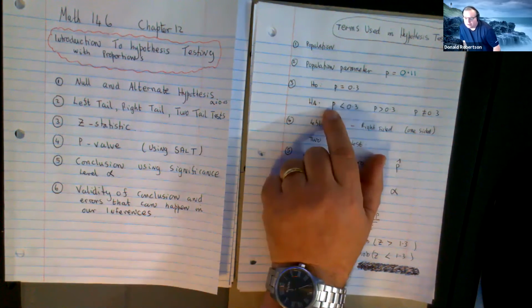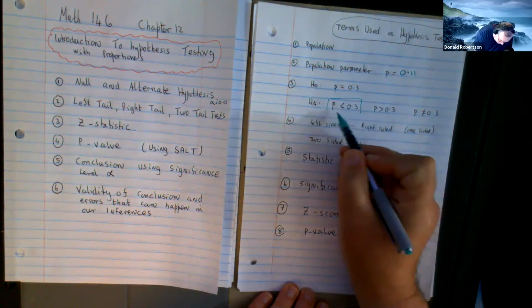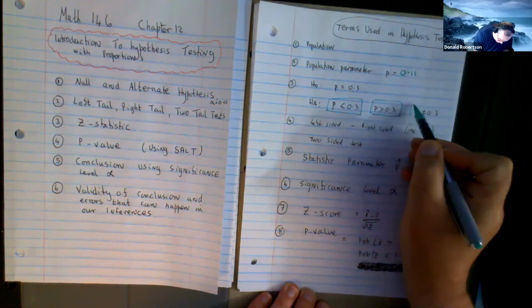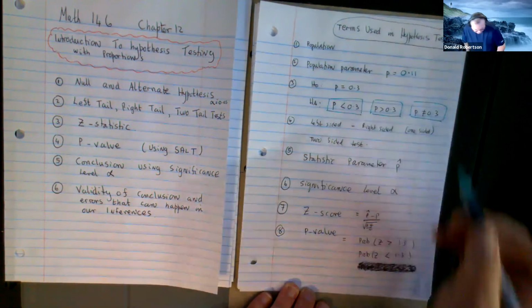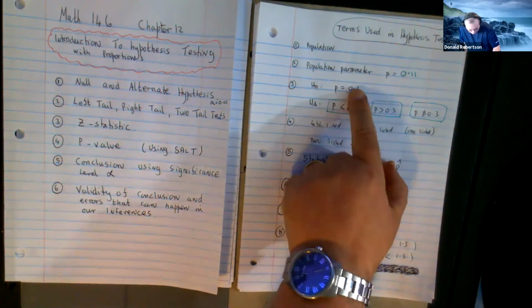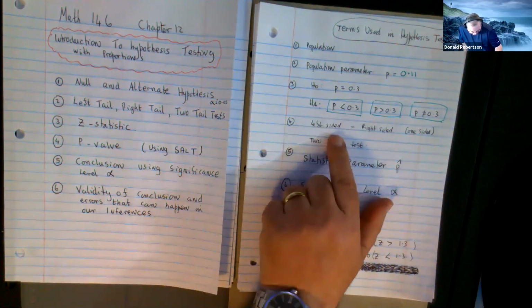And then the alternate only takes 3 forms. The alternate hypothesis, when we write it down with numbers, only has 3 forms. We either believe that the real number is less than this, more than this, or just not the same as this. When it's less than, it's a left-sided test.